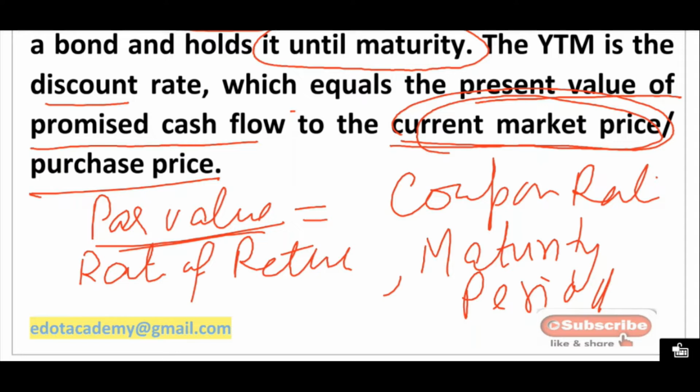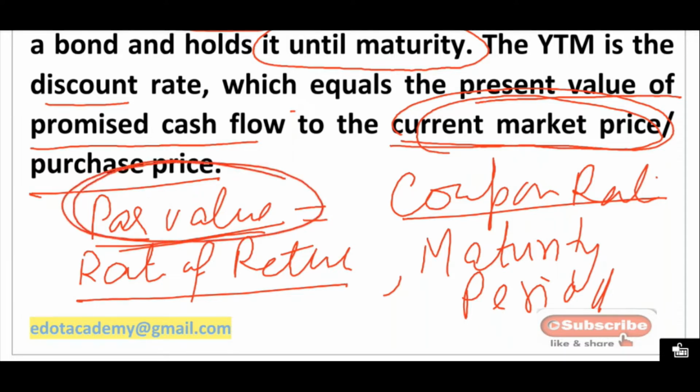Now, one more thing is coming here, market price. That means when you purchase a bond from the market, rate of return is there, but coupon rate is there. But when you purchase the bond from the market price, from the par value, you'll be getting the coupon rate, means you will be getting some interest.